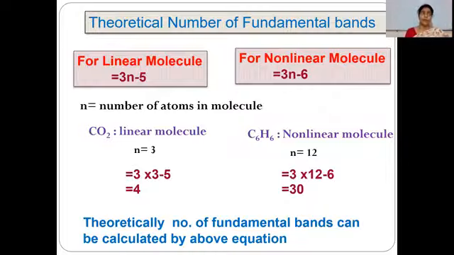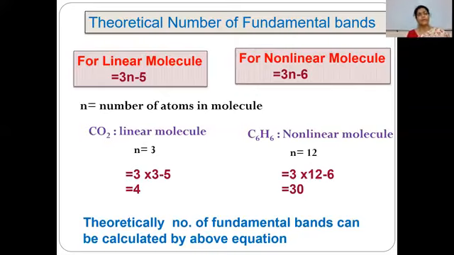So that means in case of polyatomic molecule, when multiple bonds are present, theoretical number of fundamental bands can give an idea about the number of bands observed in the IR spectrum. Theoretical number of fundamental bands for linear molecule we can calculate by the equation 3n minus 5.